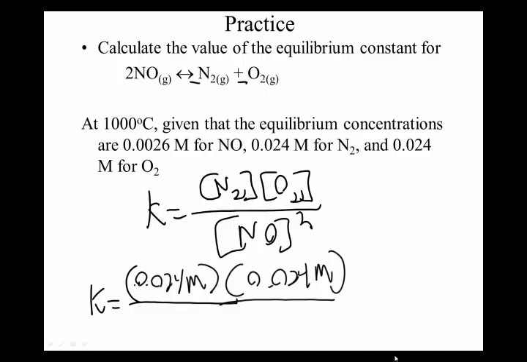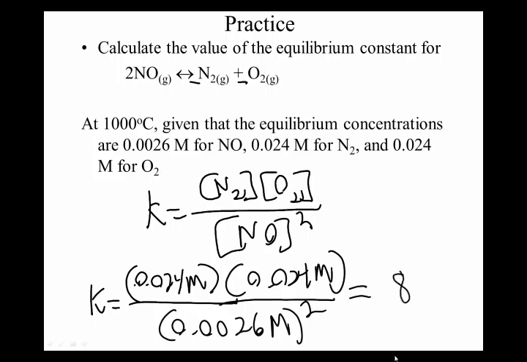And down here is 0.0026 molar squared. This is a good time for me to point out that, actually, let me do the calculation first. I got 85 as my answer.